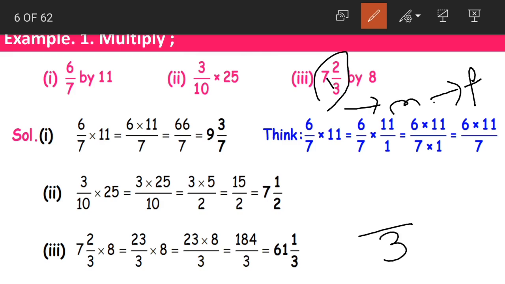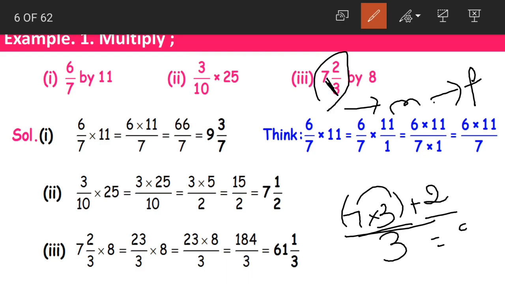Let us write the denominator as it is first, and when it comes to the numerator, multiply the whole number and the denominator, that is 7 into 3, and keep this in brackets because first we need to multiply these two and then add the numerator. 7 3s are 21 plus 2 becomes 23 divided by 3.